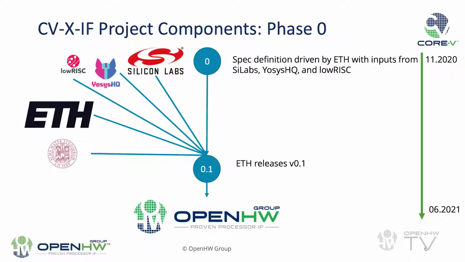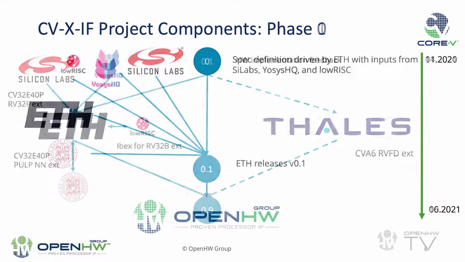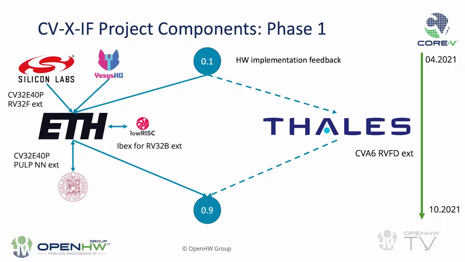So how do the milestones look? This is where we are now with a 0.1 draft. There have been lots of contributors, as you can see on the diagram. Then moving forward from 0.1 to 0.9, we'll be taking feedback from the different stakeholders.